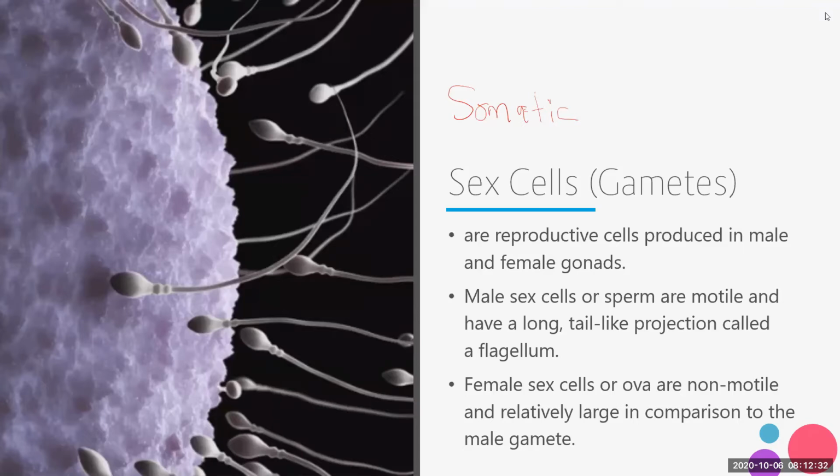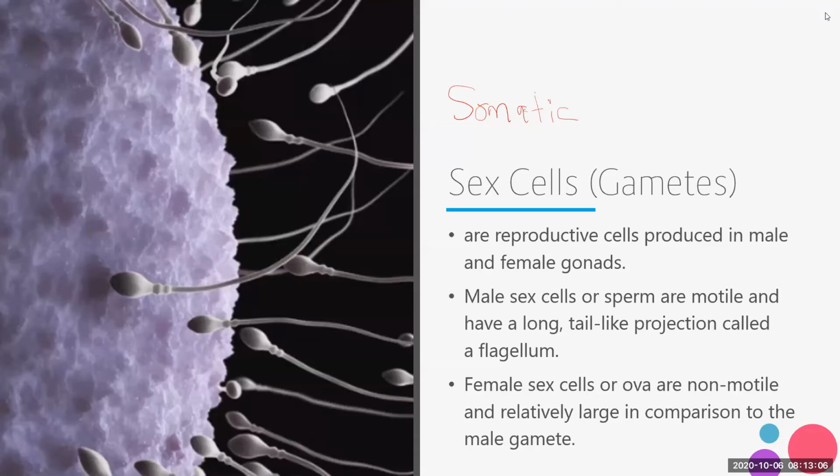This will be used to create an entire organism. So sex cells are different for the male and of course different from the female, but again, both of them will be used as reproductive cells. Each cell contains 23 chromosomes so that they can add up to 46 para makabuo ng an entire organism, because the normal number of chromosomes for a human is 46.